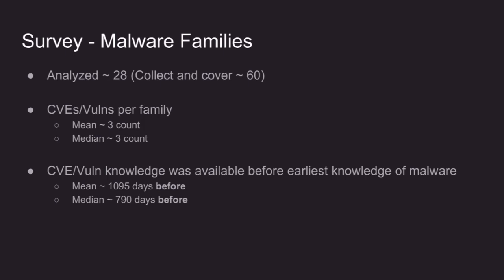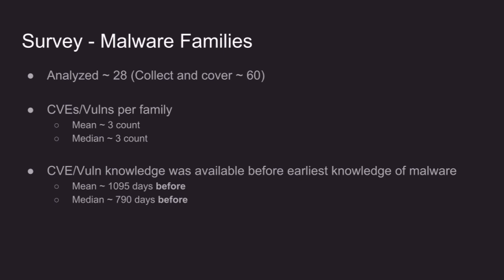Then on the malware families, it gets a bit more complicated, because for malware families, there could be defense rules which are specific to the malware family, but then we can analyze this separately or augment with defense mechanisms of the vulnerabilities which are related to the IoT malware, right? So from these 28 malware families we thoroughly analyzed up to this date, in general, most of them use around 3 vulnerabilities or CVEs as part of their operation.